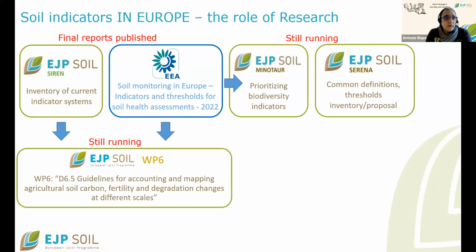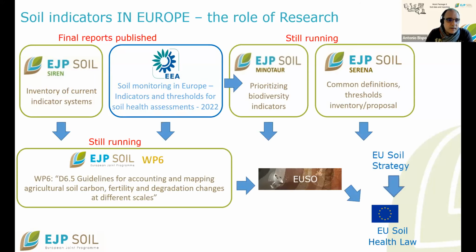The EJP SOIL projects, Monitor and Serena, are still running. You will have a presentation on those projects just after. Work package 6 of EJP SOIL is also still running, dealing with the development of indicators and thresholds, and we are currently drafting a guideline for that.